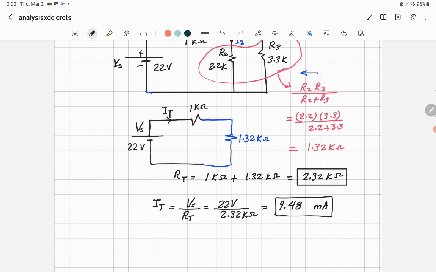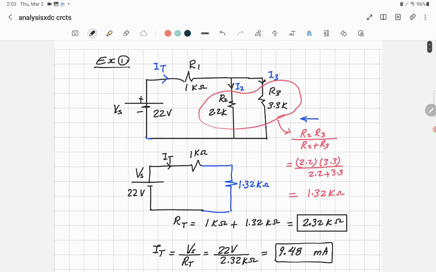But it was required to find the currents I2 and I3. Why did I find IT? Because without IT, we cannot find I2 and I3. So IT now is the same current flowing in the resistance R1, and we calculated it to be 9.48 milliamp.